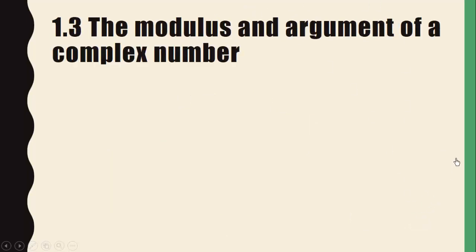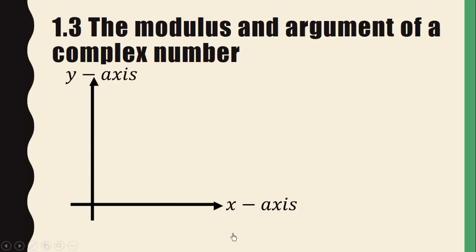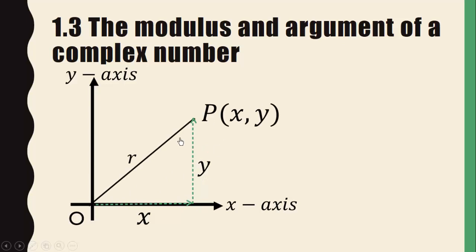The modulus and argument of a complex number. Now we have the real axis, which is the x-axis, and we have the imaginary axis, which is the y-axis. Now we can represent a complex number as coordinates that can be illustrated on a diagram. That is, x and y coordinates illustrated on a diagram like this.